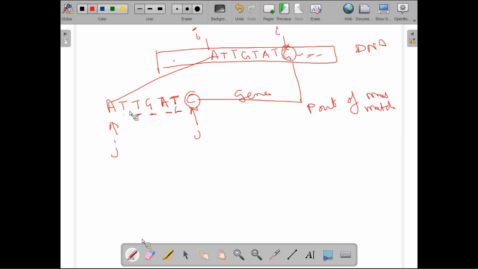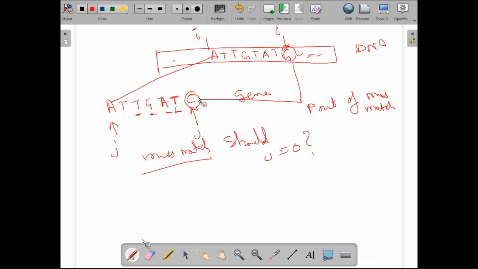Obviously it doesn't match, but if this is matching, should I start from the beginning? When a mismatch has happened, should J go to 0 again, or can I do better? Should J go to 0 for the next check?